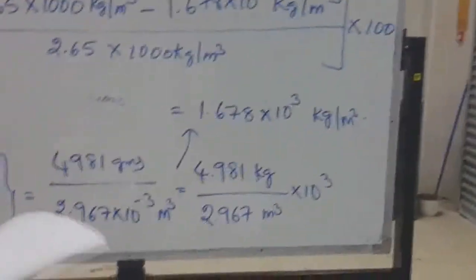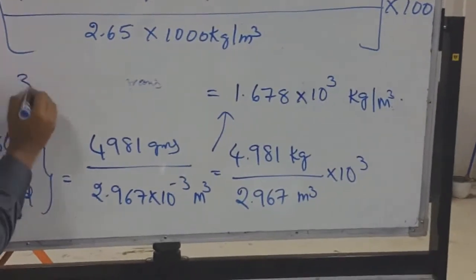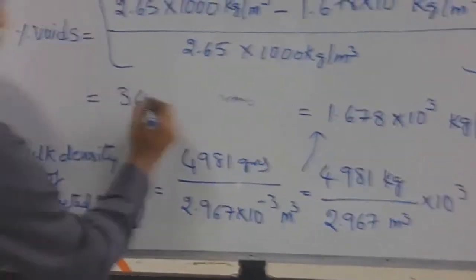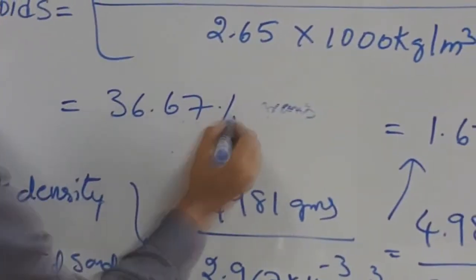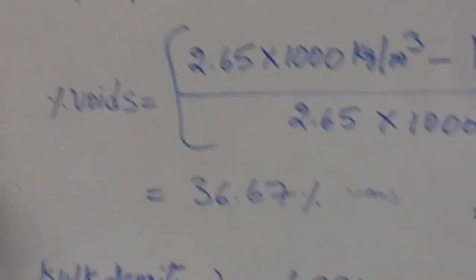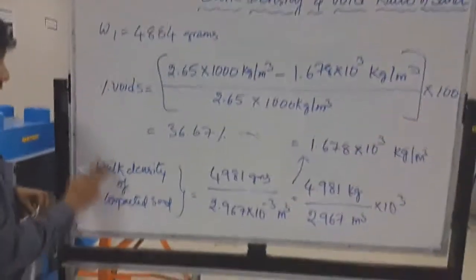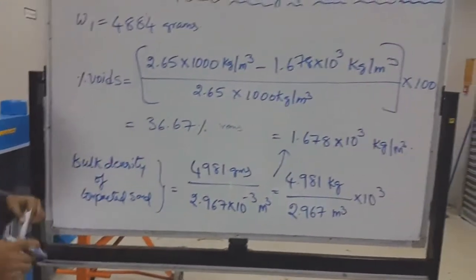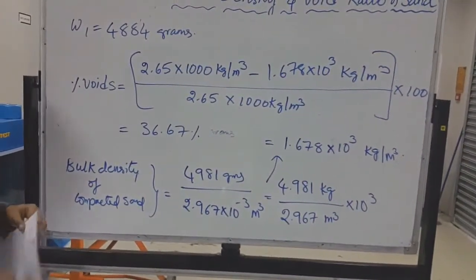So if you solve this, you will get 36.67%. This is the percentage voids of compacted sand, 36.67%. Finally, you have to calculate the increase in bulk density.